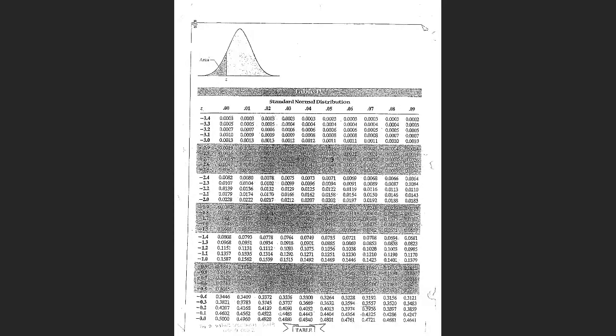I think it's in the gray also. Of course it is, because every problem I look up, the area to the left is in the gray. 0.0329, and actually that's in the table. It is, it's like right here.